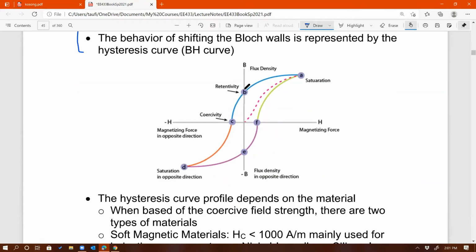And we talked about last time that point, which is the remnant flux, right? That requires coercive force to reset it to zero. When we first excite the core, it will travel through this first initial BH curve.